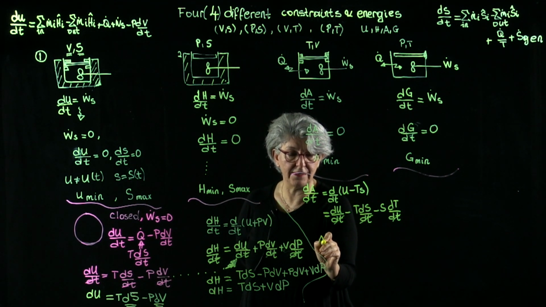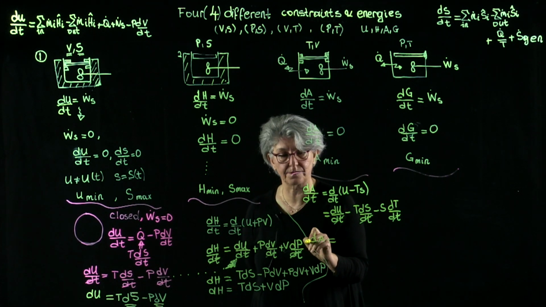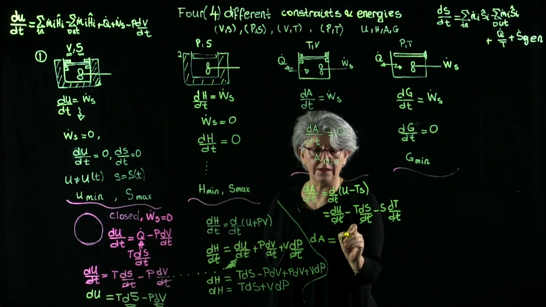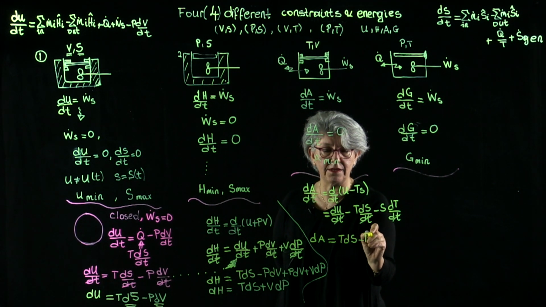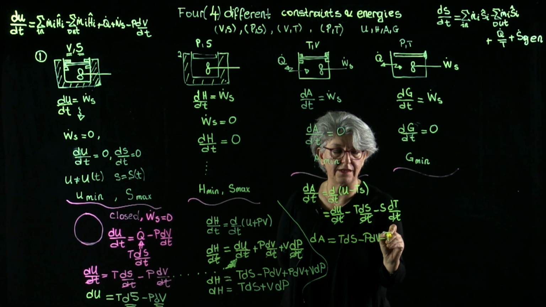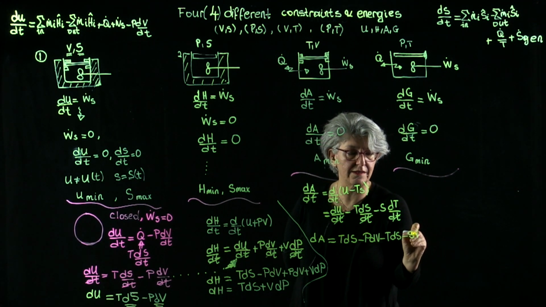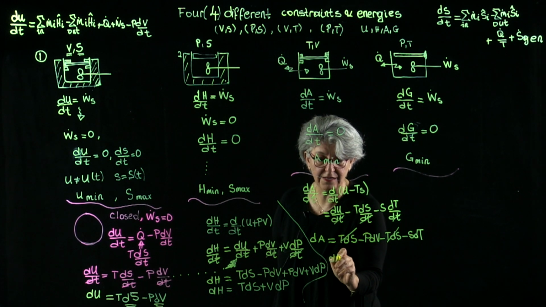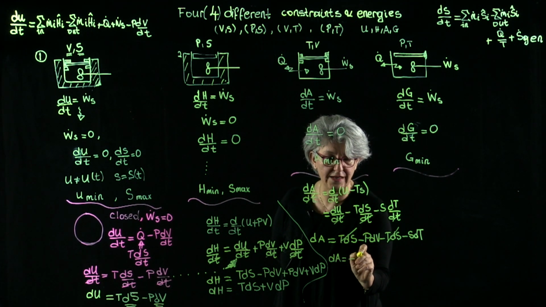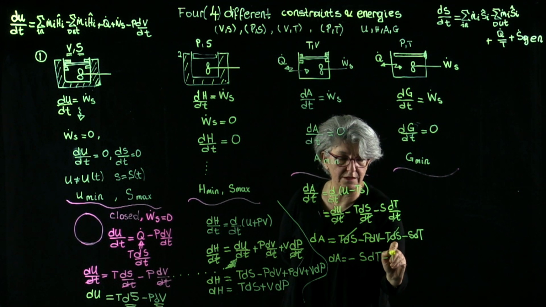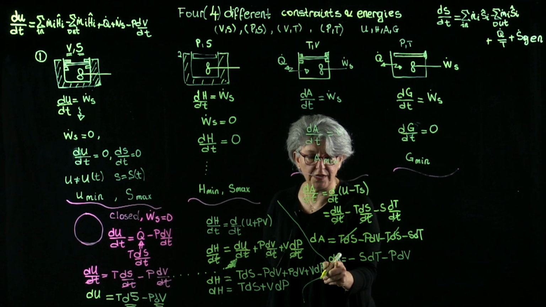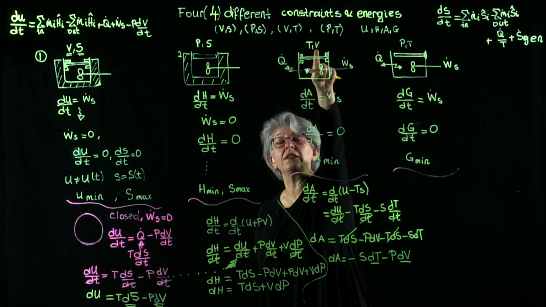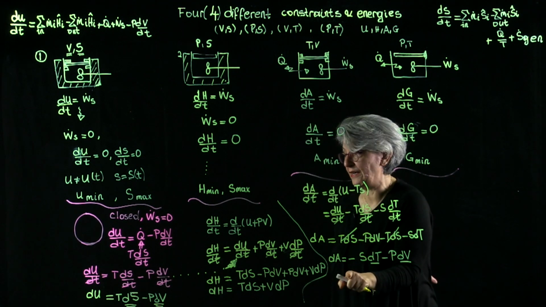We have dA is equal to dU, and dU is equal to T dS minus P dV. So dA is T dS minus P dV minus T dS minus S dT. These two terms cancel, and dA is equal to minus S dT minus P dV. Helmholtz free energy is a function of temperature and volume.